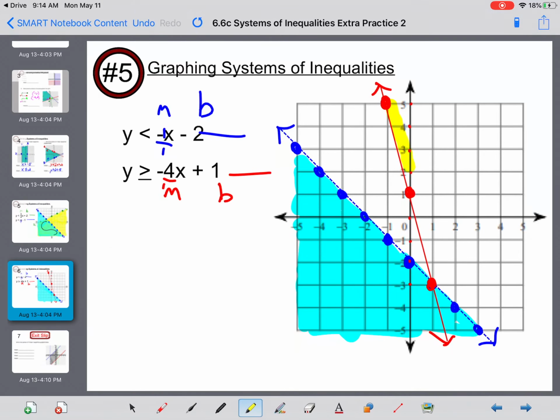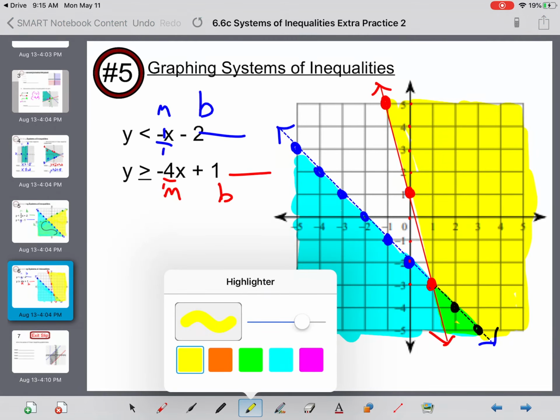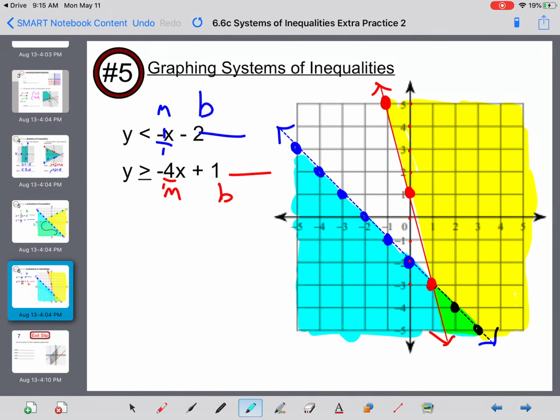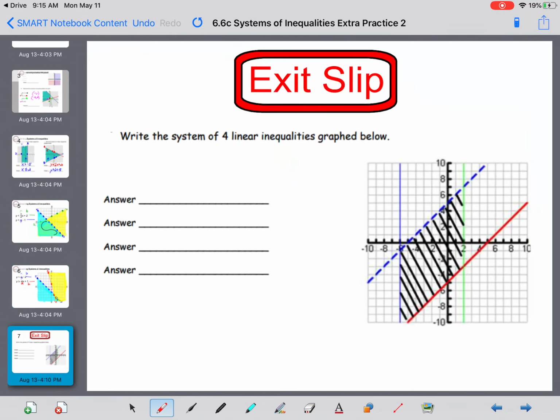Make sure you carry that line all the way through the graph, and greater than means you are going to shade above. This time, our solution set is very, very small. It's this little section right in here.